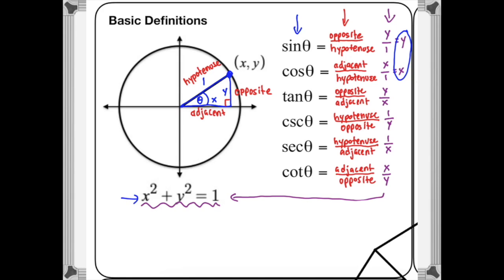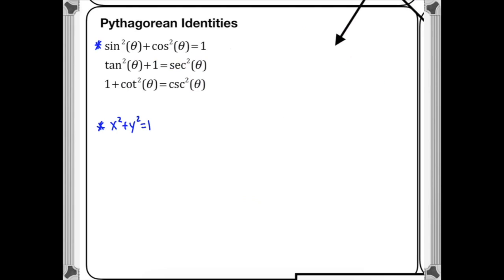Sine is actually y and cosine is actually x in this case, so we get cosine squared theta plus sine squared theta equals 1. And for quality of life, most people switch them around: sine squared theta plus cosine squared theta equals 1. So that basically proves out this identity.